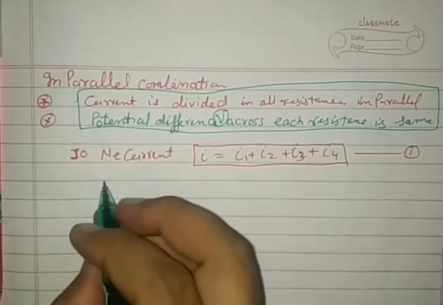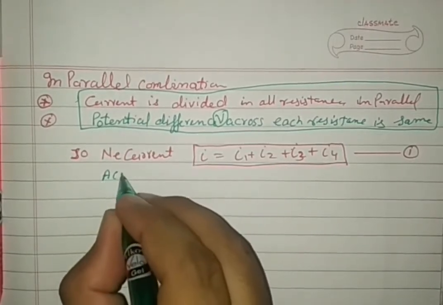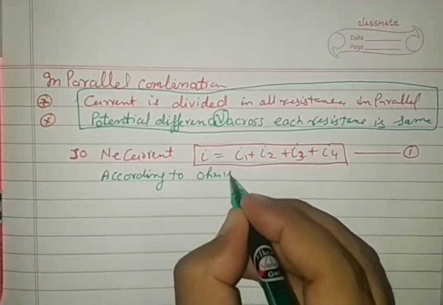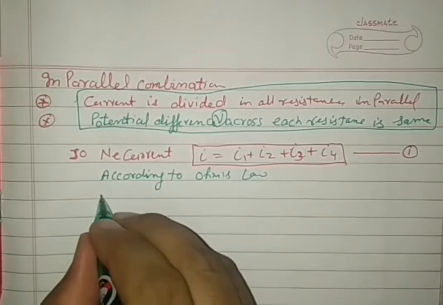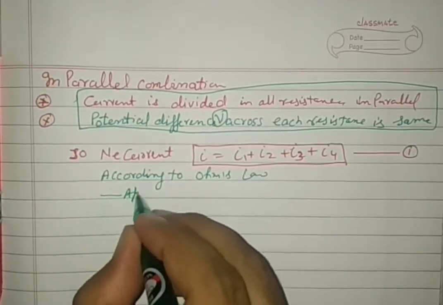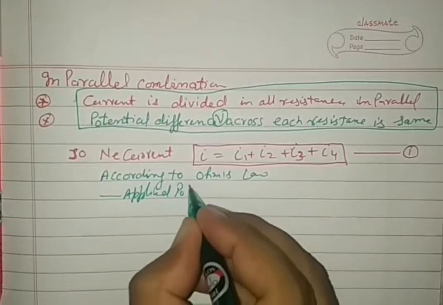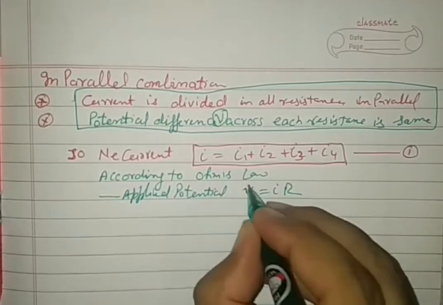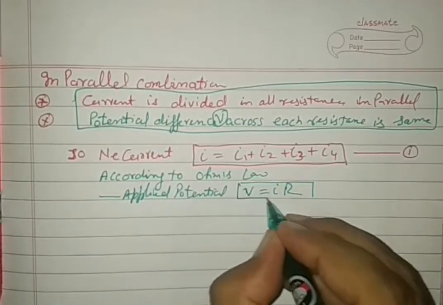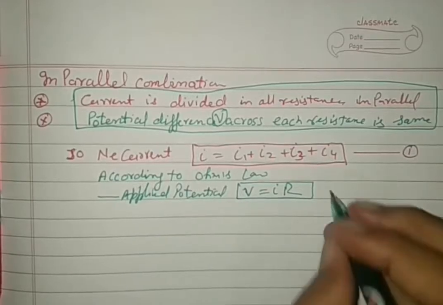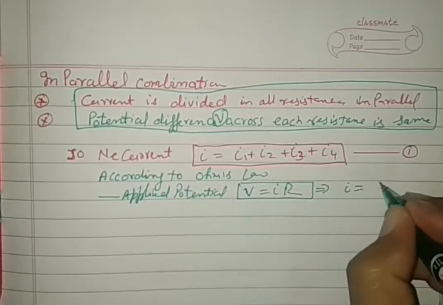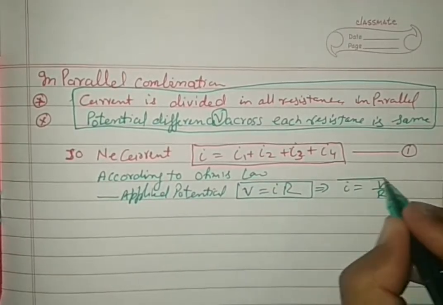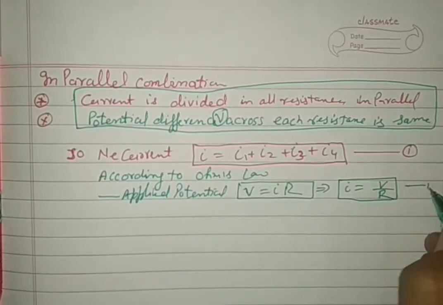But we are going to use Ohm's law. According to Ohm's law, applied potential V is equal to IR. It's clear. This implies that I is equal to V by R. It is represented by equation 2.